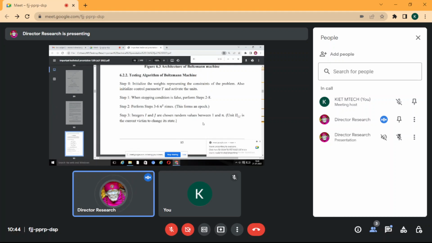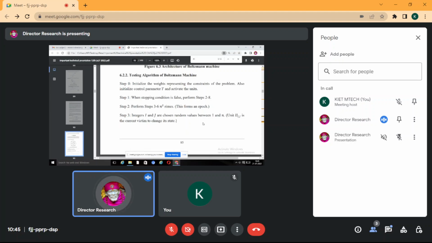See the steps. Step 0: initialize the weights representing the constraints of the problem. Initialize the control parameter T and activate the units. Step 1: when the stopping condition is false, the algorithm will go logically to step 1. Step 2: perform steps 3 to 6 n square times.